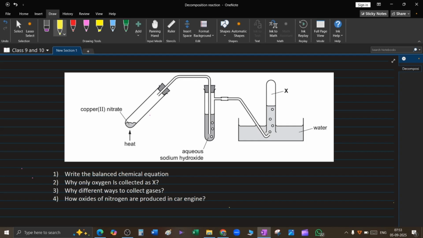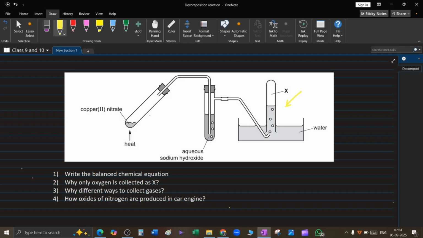One where it is dissolved in sodium hydroxide, the other one is known as downward displacement of water. It is one of the methods to collect gases on the basis of their solubility in water as well as the density. So the very nice question is: write the balanced chemical equation.